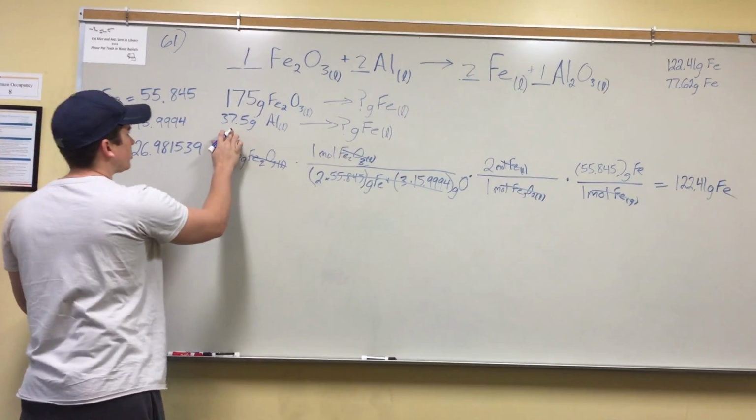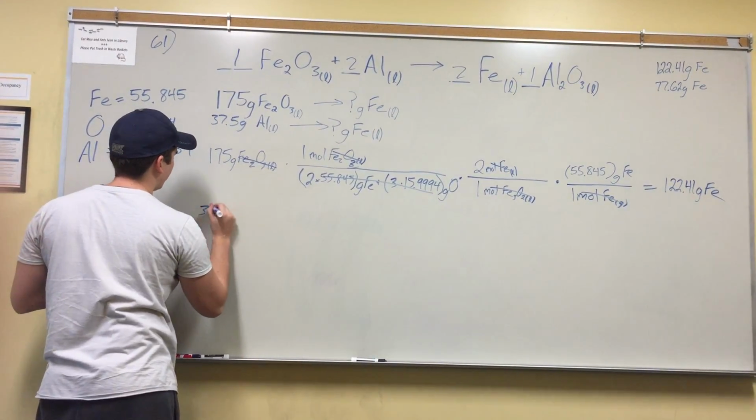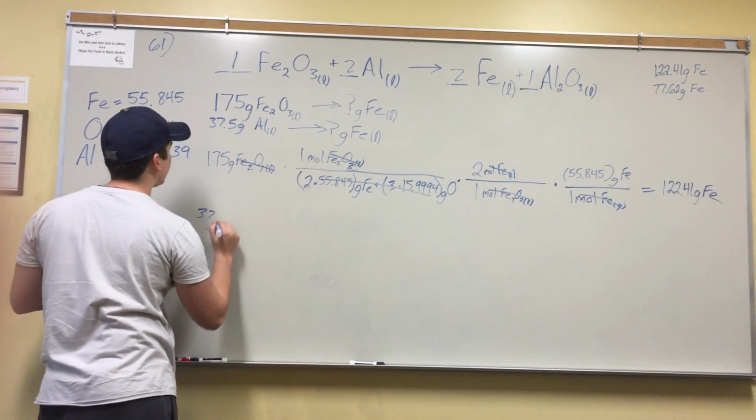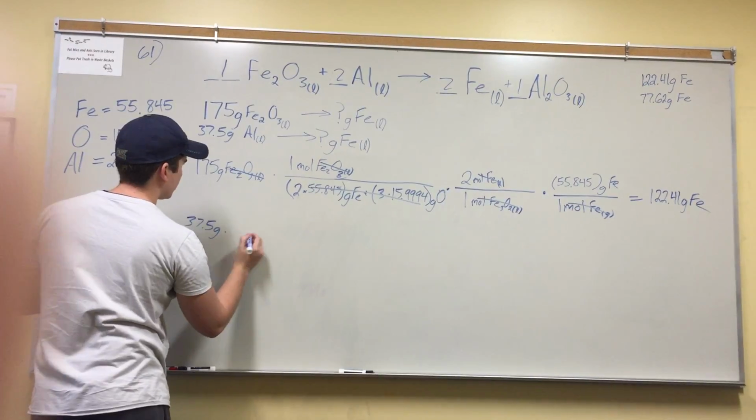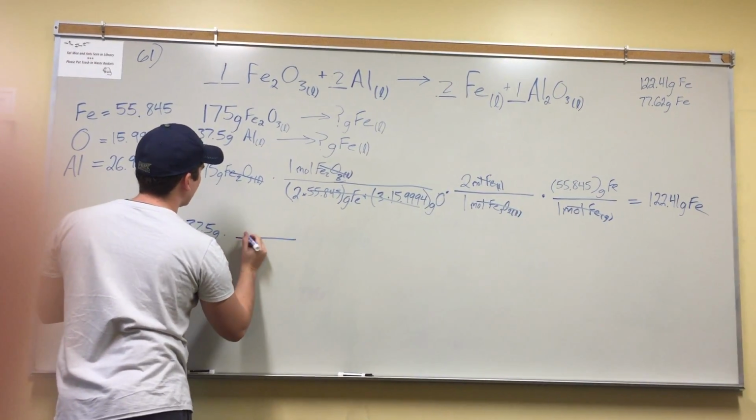Now for the second equation, we're given 37.5 grams of aluminum. So we're going to do the same thing we did with the top.